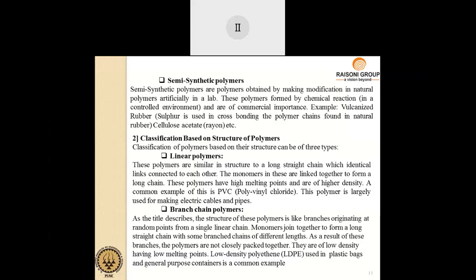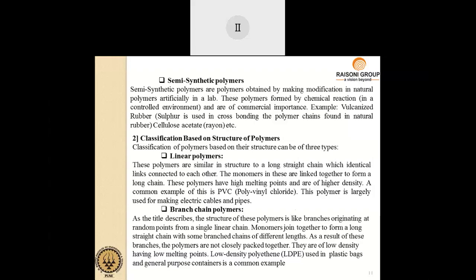These types of polymers are formed by chemical reaction in a controlled environment, and they have different commercial importance. Like, generally we get rubber.